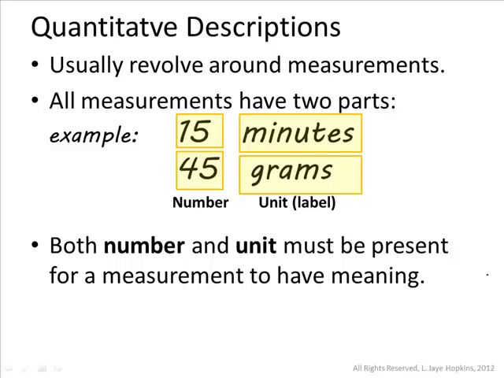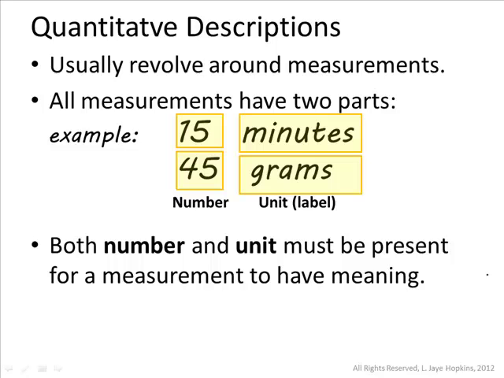For instance, if someone weighed a urine sample and you asked them how much it weighed and they said 45, you don't know whether they mean 45 grams, 45 ounces, or 45 pounds. So it's important that all of our quantitative descriptions, or all of our measurements, always have both a number and a unit or a label.